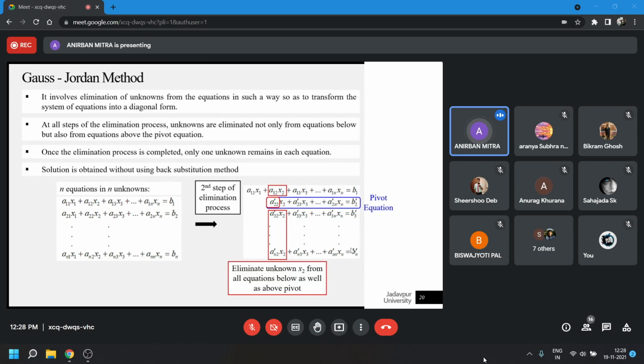So we eliminate the unknown x2 from all equations below as well as above the pivot. This is where it deviates from the Gaussian elimination technique. We do not keep the first equation, the equation above the pivot, unchanged or unaltered. We will also modify that.